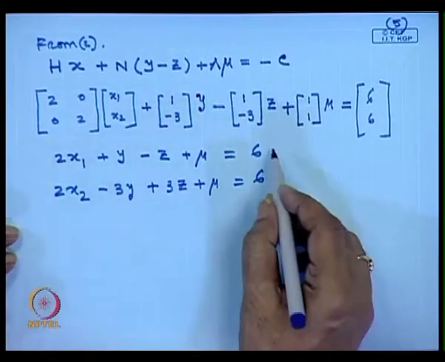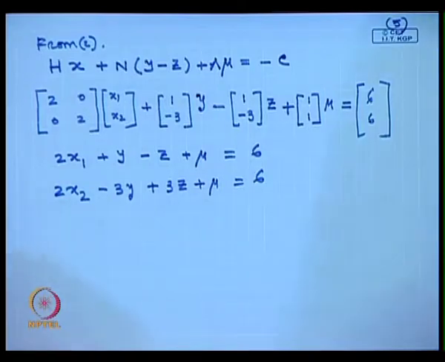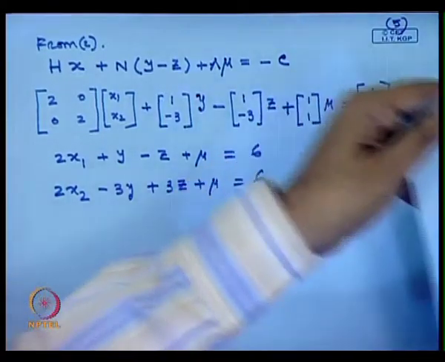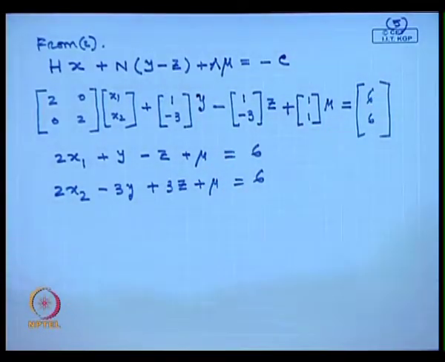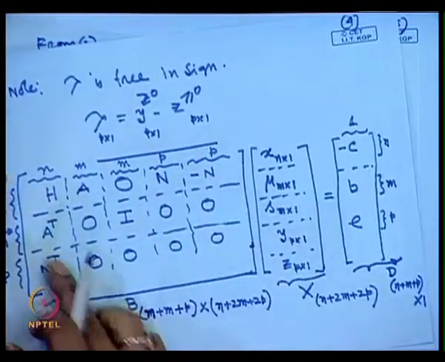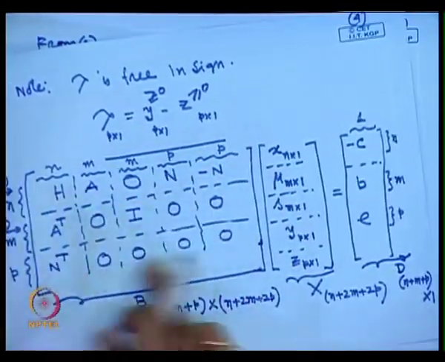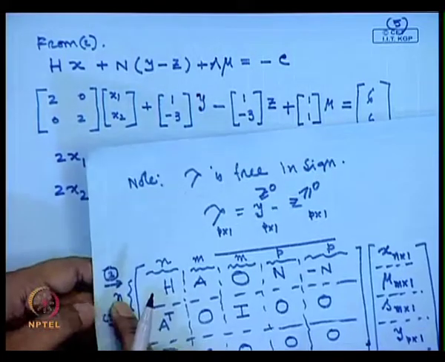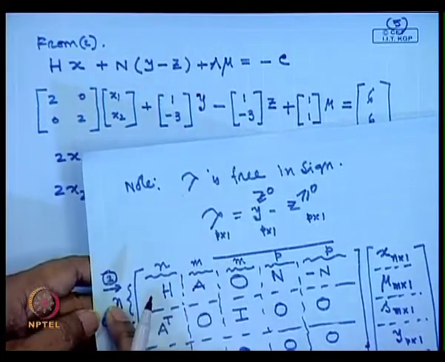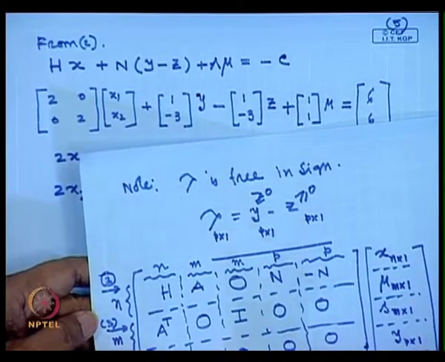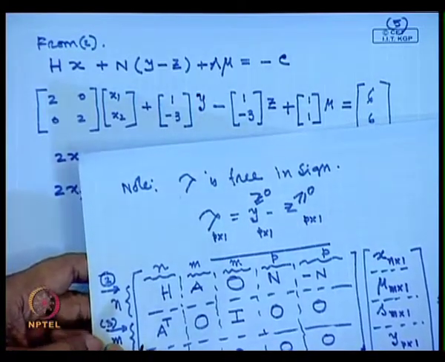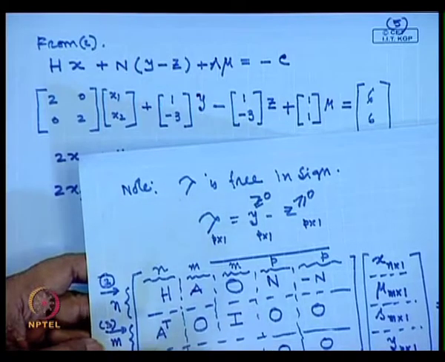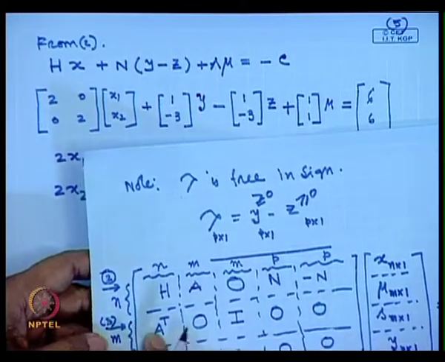These two equations we got from equation number 2 of the KKT conditions. Or directly, if you write it after that notation you are familiar with, you will get two equations, since n is equal to 2. Next, m is equal to 1, the number of inequality constraints is 1, so we will get one equation from this.